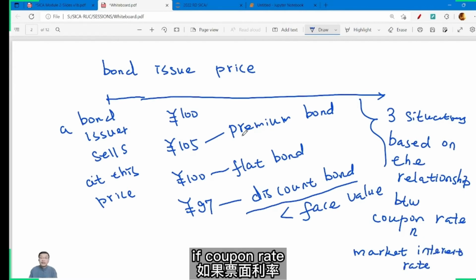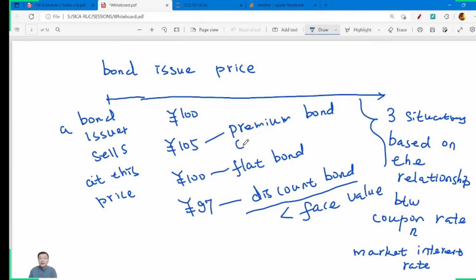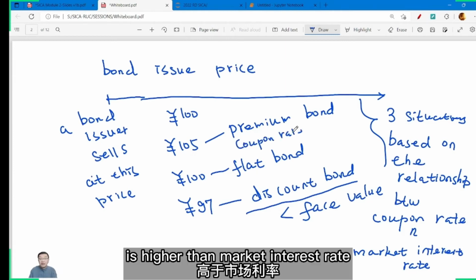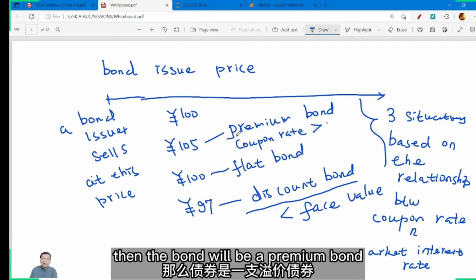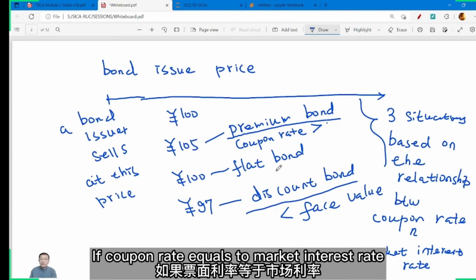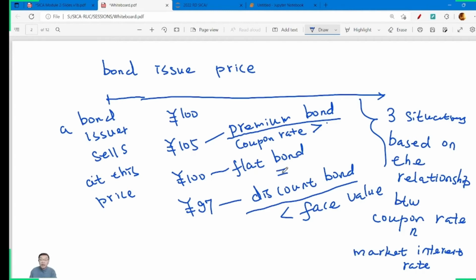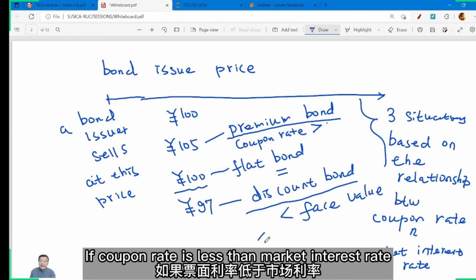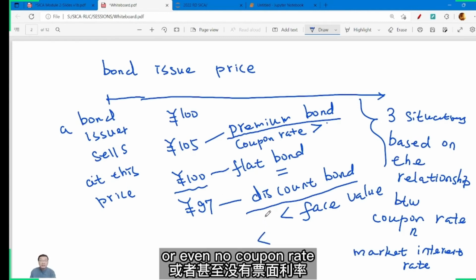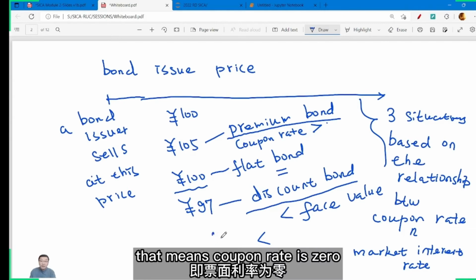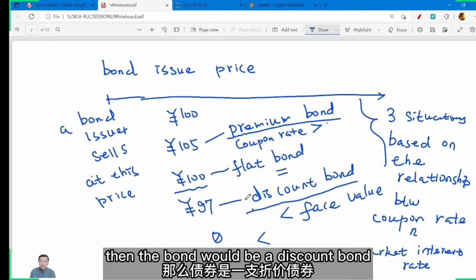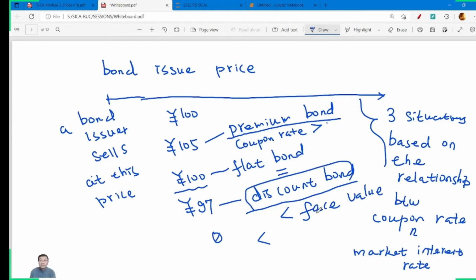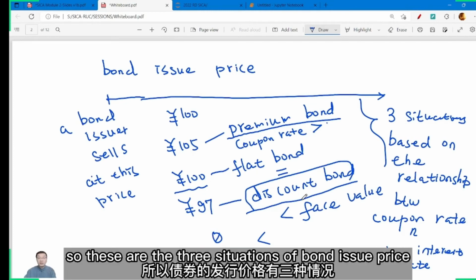Let's do this. If the coupon rate is higher than the market interest rate, then the bond will be a premium bond. If the coupon rate equals the market interest rate, it would be a flat bond. If the coupon rate is less than the market interest rate, or even no coupon rate, that means the coupon rate is 0, then the bond would be a discount bond. So these are the three situations of bond issue price.